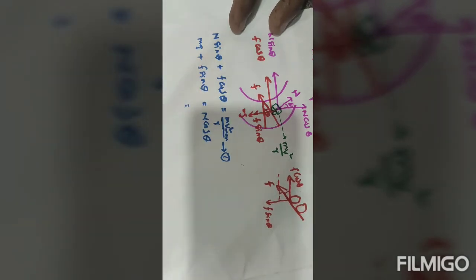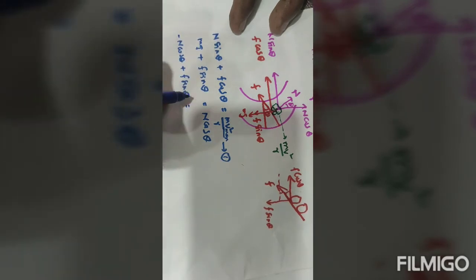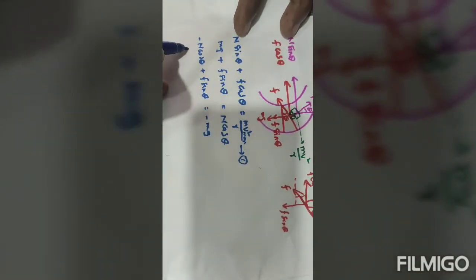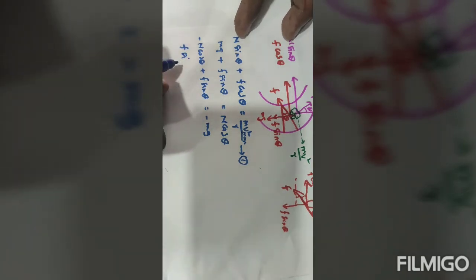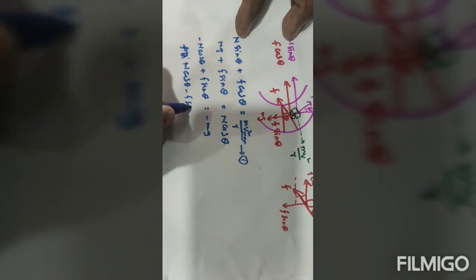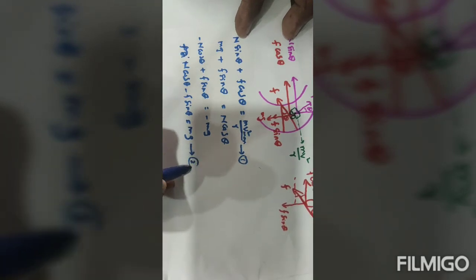Moving to this side, minus n cos theta plus f sin theta equals minus mg. Therefore, with the sign change, n cos theta minus f sin theta is equal to mg. So this is equation number 2.